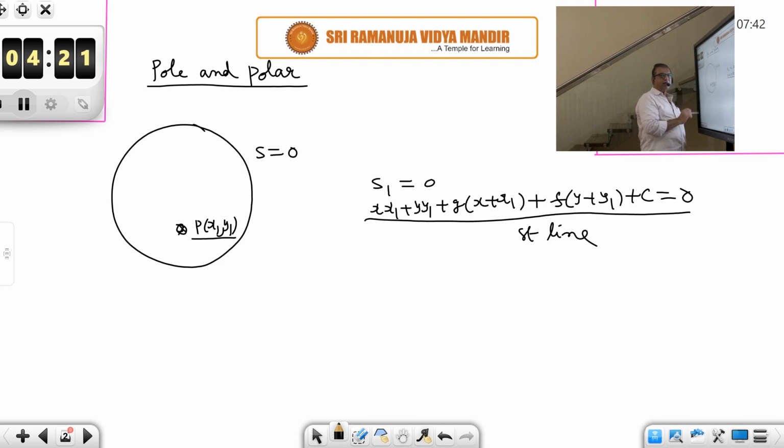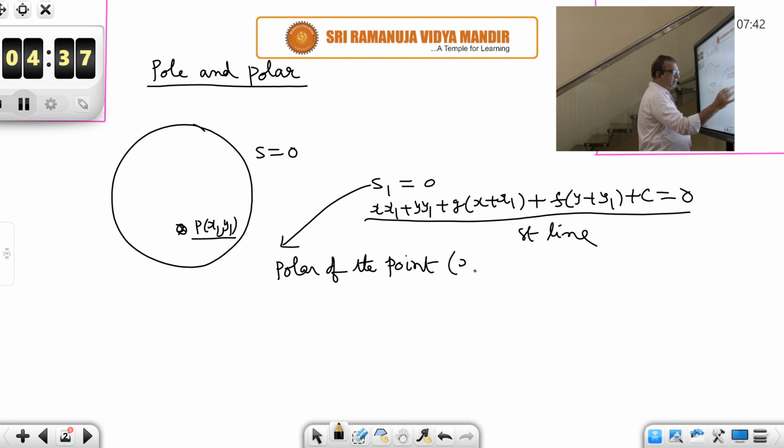So it is not the chord of contact also. But then what is it? The answer is, this line S1 equal to 0 is the polar of the point (x1, y1). S1 equal to 0 for an inside point is the polar of the point (x1, y1).